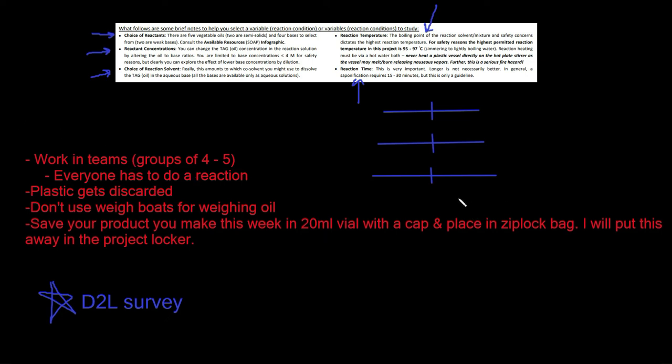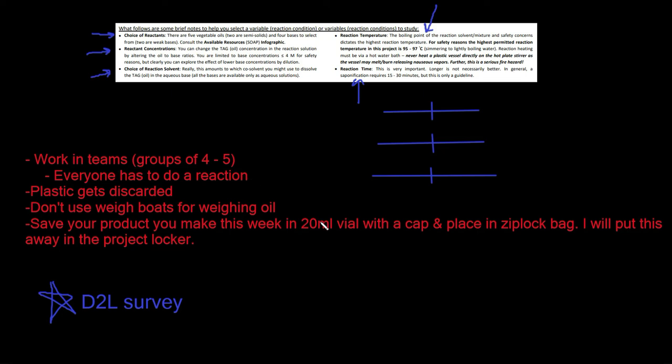So let's say you can combine these 2 groups if you like those people, or if you don't like those 2 people, maybe you can work with these people, or perhaps these people. It's really up to you, but just try not to go over a group of 5, and 5 is only because we have some groups of 3, so a group of 3 can combine with a group of 2, and that'll be a group of 5. So everyone has to do a reaction in the lab.